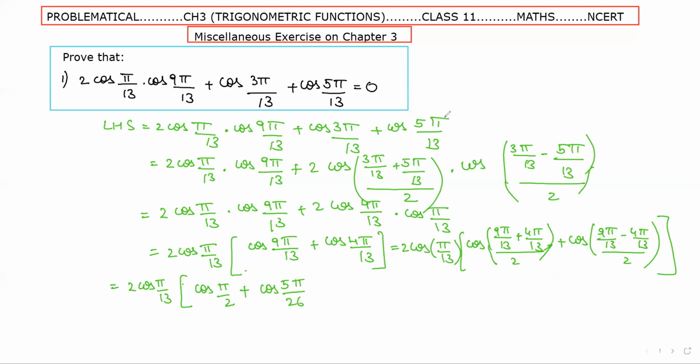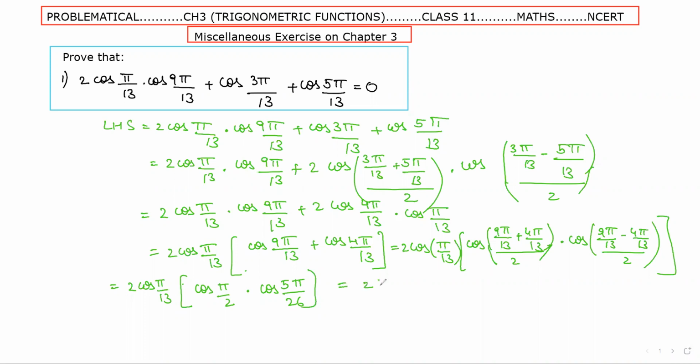Now this is in multiplication, because addition was converted into multiplication. We know that cos pi by 2 is 0.